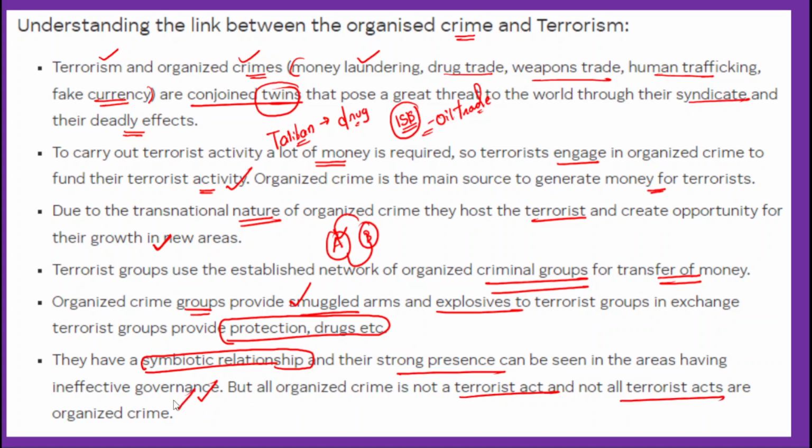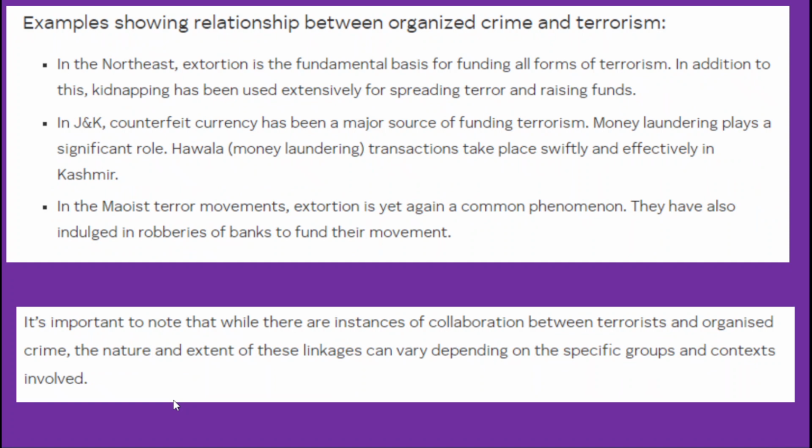Okay, so you have to understand this distinction. However, there are certain examples that show the relationship between organized crime and terrorism. The first example we need to talk about is Northeast India itself. In Northeast India, extortion of money is the fundamental basis for funding all forms of terrorism. Not generally terrorism, rather we can call it insurgency in the Northeast.